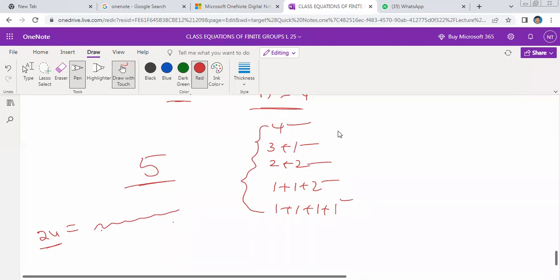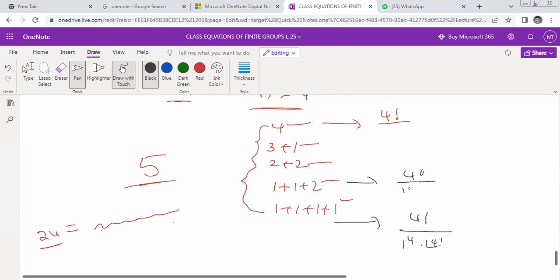Do you remember the formula I gave for this? For the partition 4, it is repeated only one time, so it is 4 factorial divided by 4 power 1 into 1 factorial. For 1 repeated 4 times, it is 4 factorial divided by 1 power 4 into 4 factorial. For 1 repeated 2 times, it is 4 factorial by 1 squared into 2 factorial.